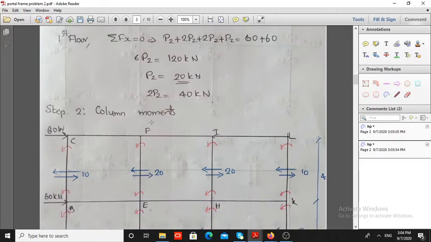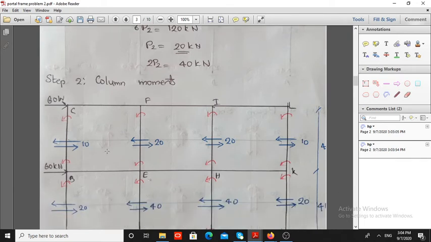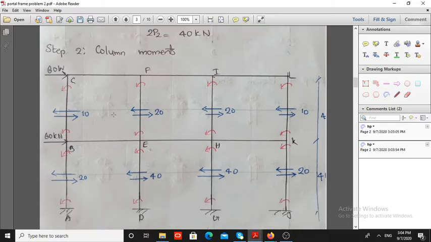Next we have to find the column moments. Here I am finding these values from the picture itself. For that, first of all mark the column shear in each column. Now find the column moments with respect to this point. The moment due to this force is sagging.